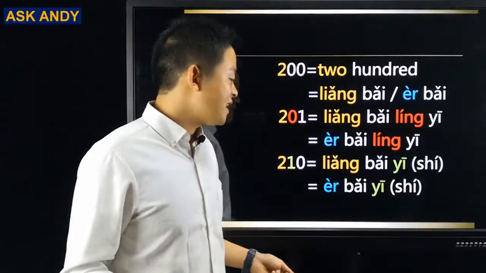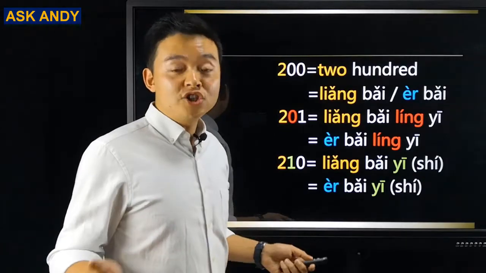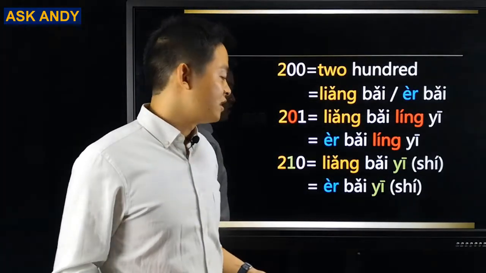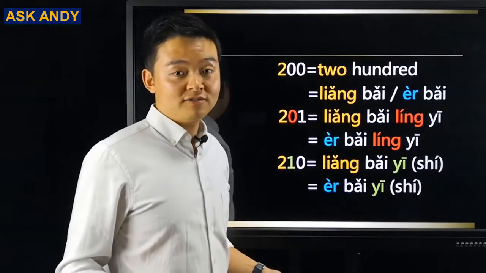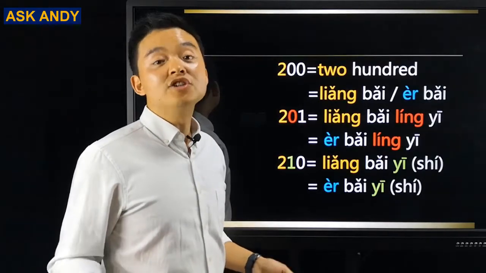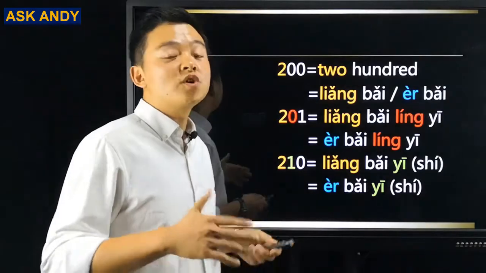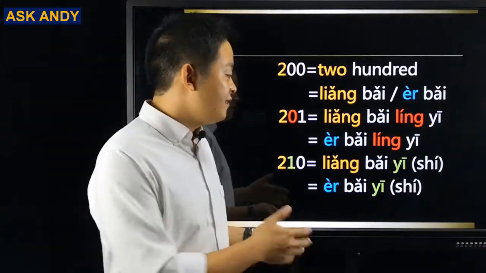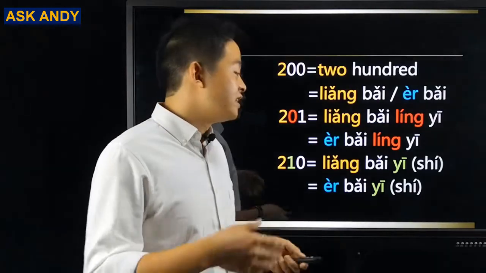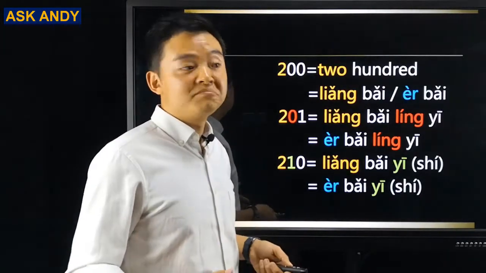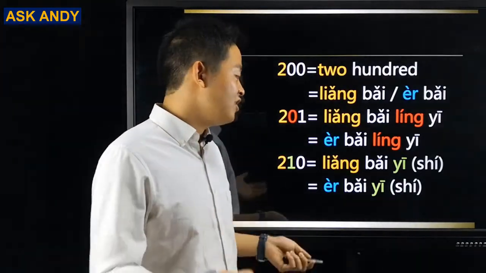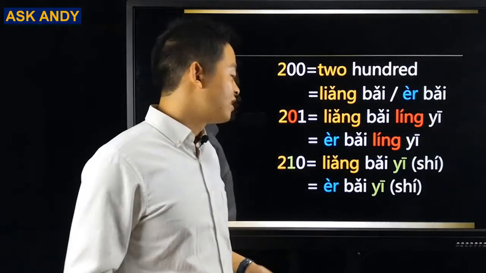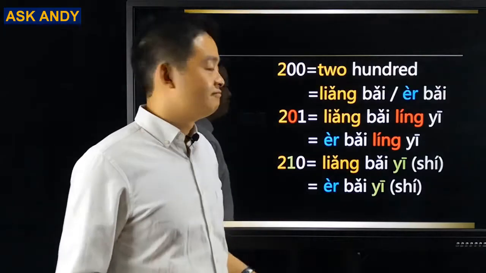So we can read it as 210, or 210. Remember, when 10 goes over 100, we need to read it as 110. And if it goes without another number or another syllable after it, we can omit the 10. So you may hear people say it either way.